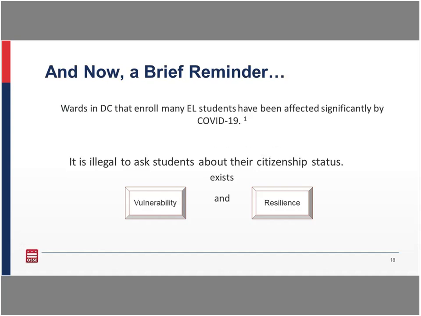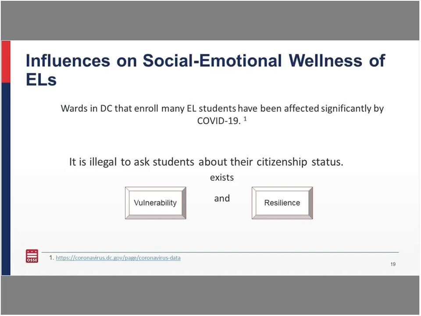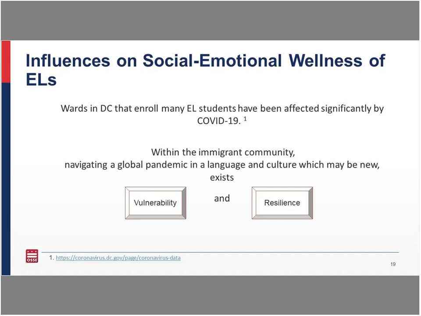Back to influences, let's bring this local and think about the wards in DC. Certain wards in our city enroll more English learners than others and have been more affected by the COVID-19 situation.